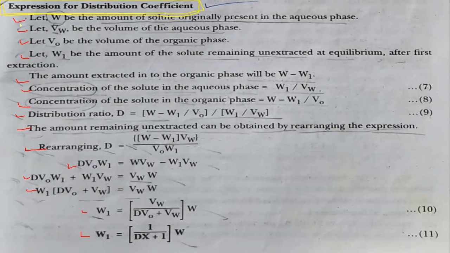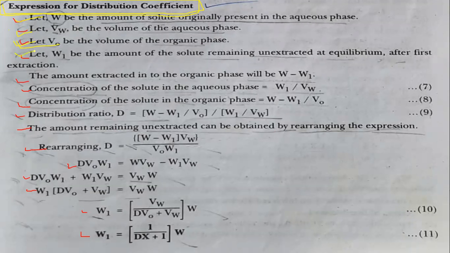For that, we consider here, let capital W be the amount of solute present in the aqueous phase, that is, in the water, let us say W gram. Then VW is the volume of the aqueous phase, let us say the volume of the water is VW. Then VO will be the volume of the organic phase, let us say the volume of the petrol, which I just gave as an example in the previous slide.